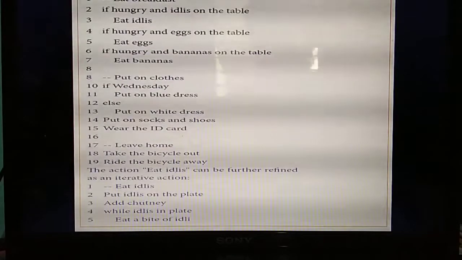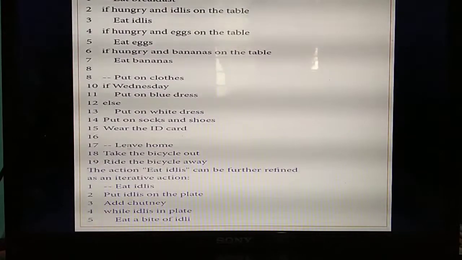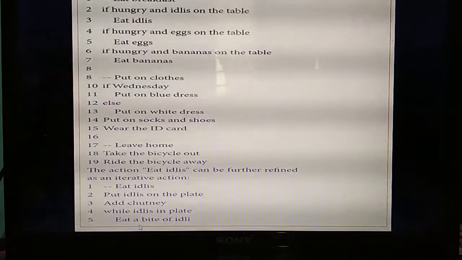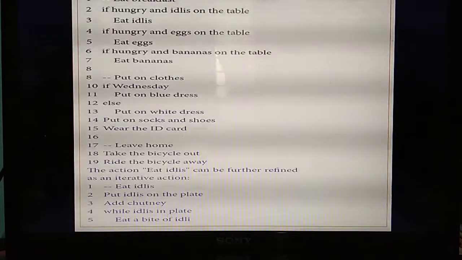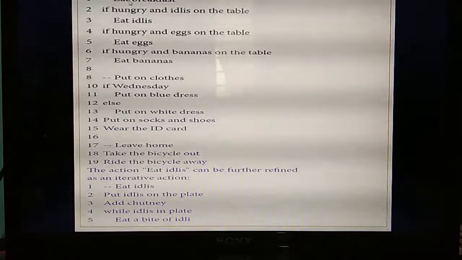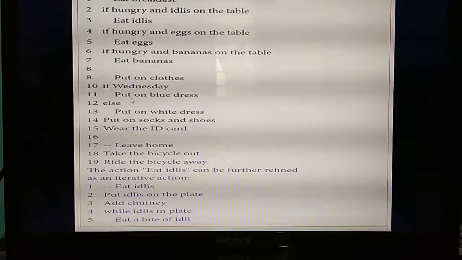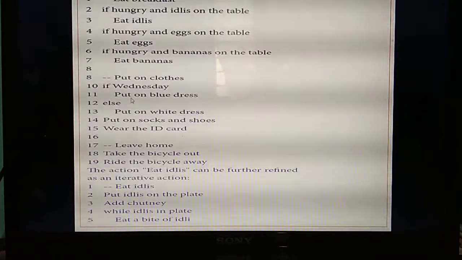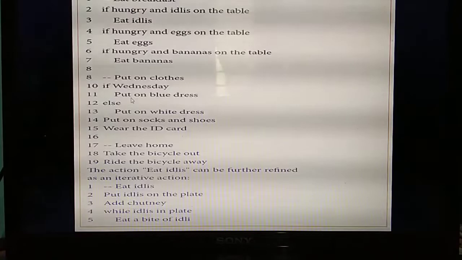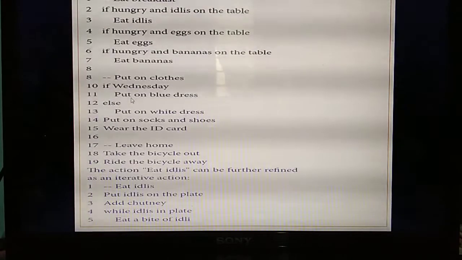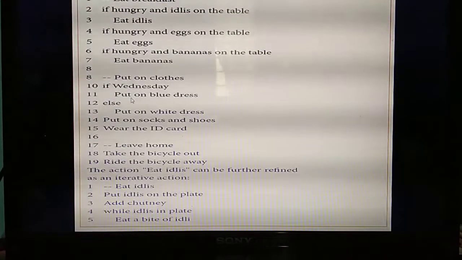Understand? So, likewise, you are going to write the full algorithm or the full main problem in smaller steps. See it. So, first, listen. The first task is getting ready to go to school. That main task, as much as you can, you are going to split into smaller sub-problems. Understand?